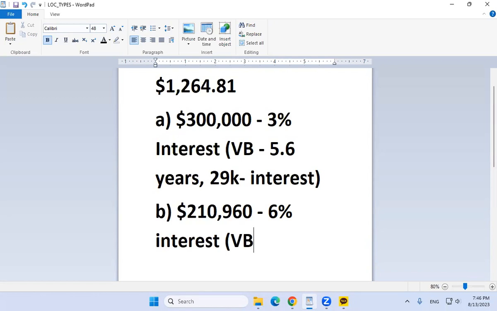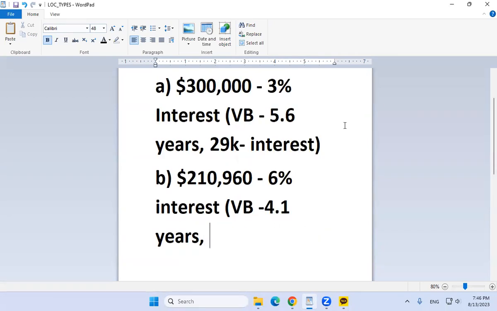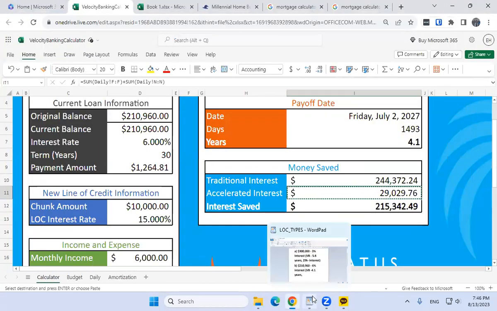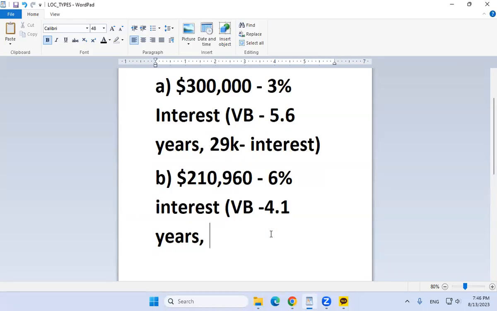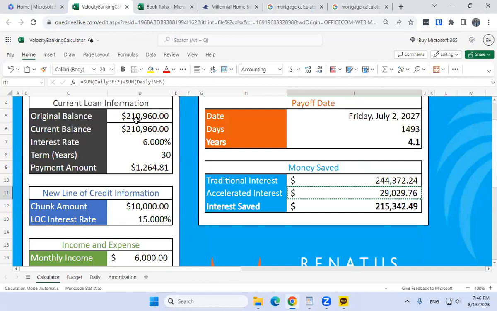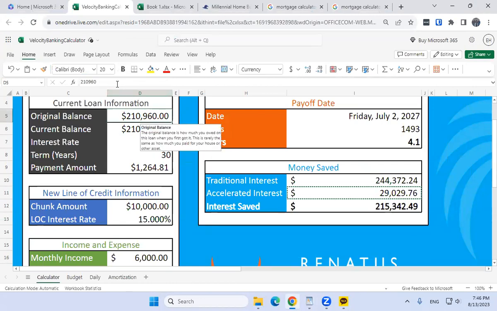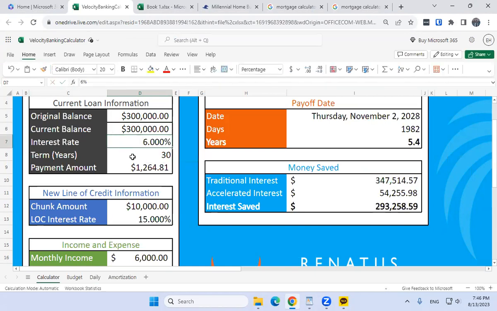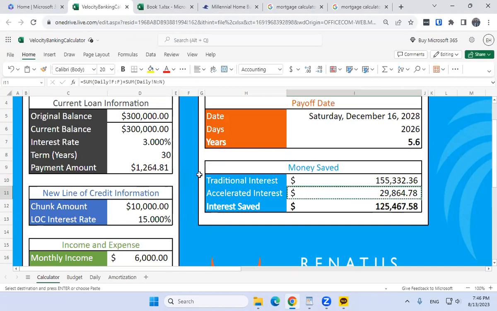So VB, 4.1 years, and then we pay about $29,000 in interest. So it's mostly the same. I think there's a slight variation, so let me get an exact figure of the interest here. We're going to put in 29,864.